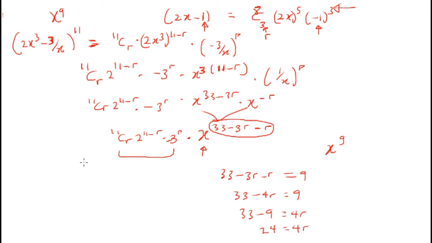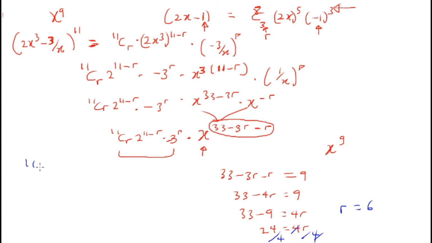I'll divide both sides by 4. 24 divided by 4 is 6. It means that r is equal to 6.